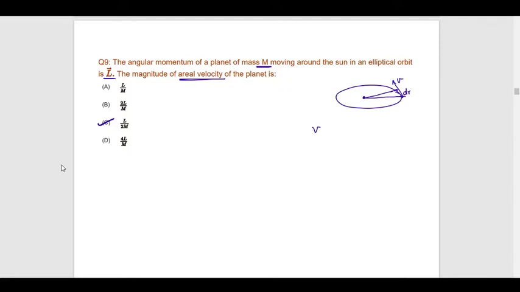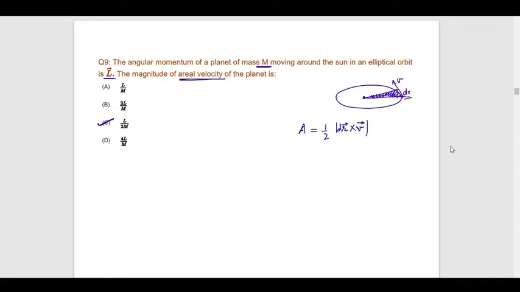Its area can be simply represented as half times the cross product of r and v. Okay, so this is your area vector for this very small triangular portion covered by the particle while displacing through a very small distance dr.